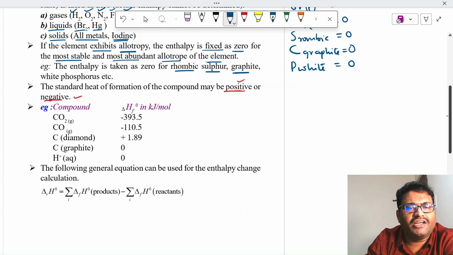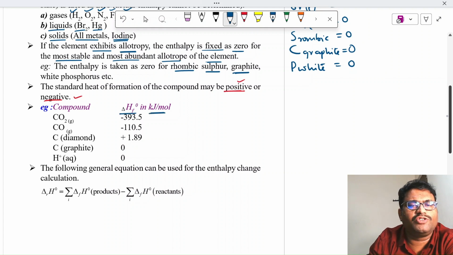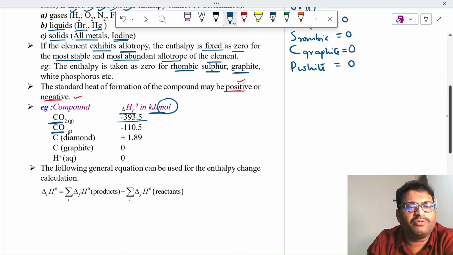Here, for some compounds and elements, standard enthalpy of formation is given in kilojoule per mole. Always we have studied that enthalpies are calculated per mole of the substance. This is carbon dioxide. This is not an element, it is a compound. So it is minus 393.5. It is carbon monoxide, and again it is a compound, not an element. How much? Minus 110.5.